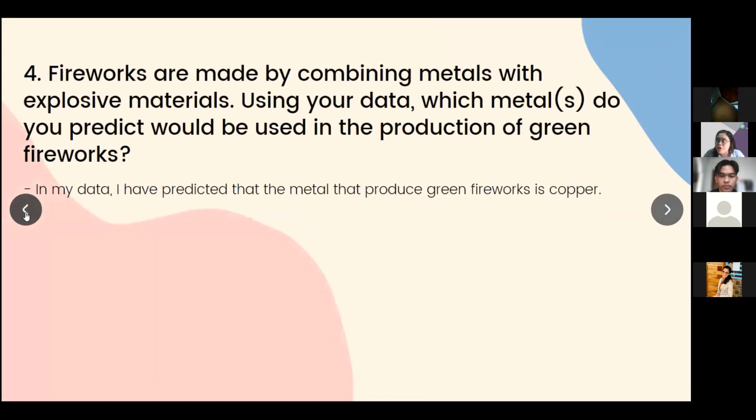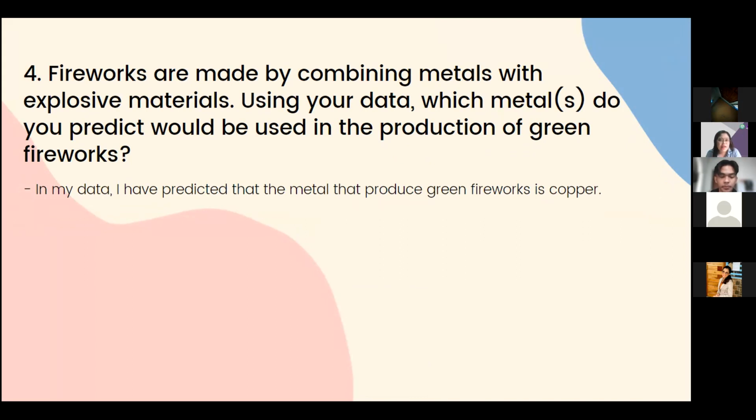So etong flame test is used in pyrotechnics. So aside sa explosives na nilalagay natin in a firework, that will be an oxidizing and reducing agent. Aside from that, maglalagay tayo ng metals or ions in the fireworks para makuha natin yung desired color natin sa fireworks.